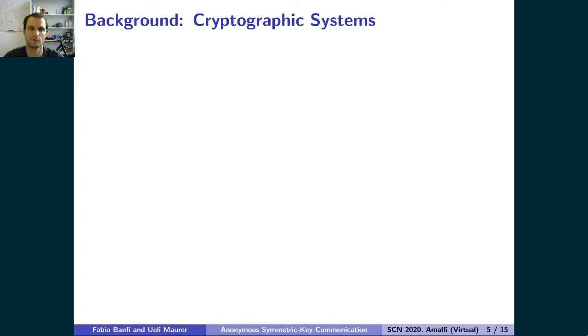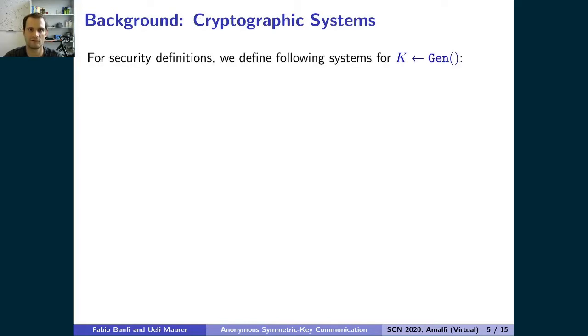So let me now introduce the concept of cryptographic systems that we use extensively to define security notions in our work. First of all, for a key sampled according to the key generation distribution, we define the system EK that on input a message M outputs a fresh encryption of such message according to this fixed key.